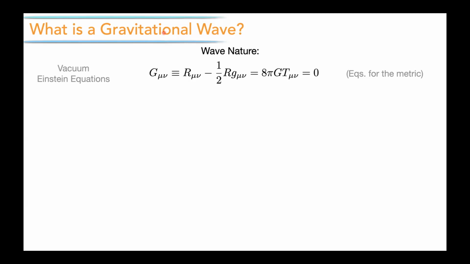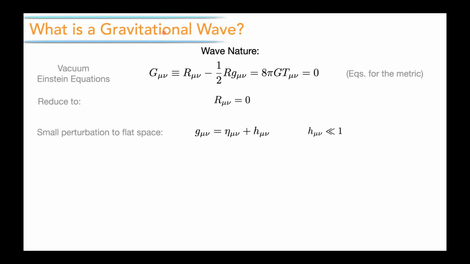And the idea behind that is we want to know something about these propagating disturbances, these waves. And so you can say when you're far away, you're agnostic of the source that's creating gravitational waves. How do they propagate? How do perturbations propagate? And so we start with the vacuum field equations, which are a lot easier to deal with at first because they simplify to this Ricci tensor equal to its components equal to 0.